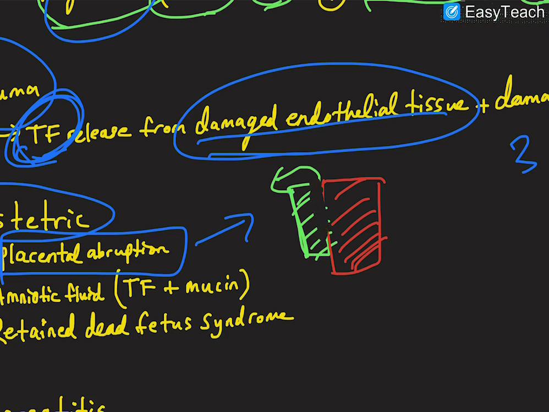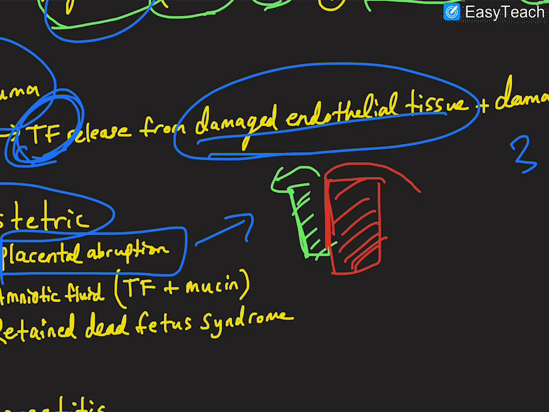All right. And so if your placenta abrupts, or gets detached from the uterine wall, then of course that's going to lead to a lot of bleeding and hemorrhage. But that's going to obviously lead to a lot of trauma not only to the placenta, but also to the uterine wall. So all that hemorrhage and trauma, we said, leads to the release of tissue factor.